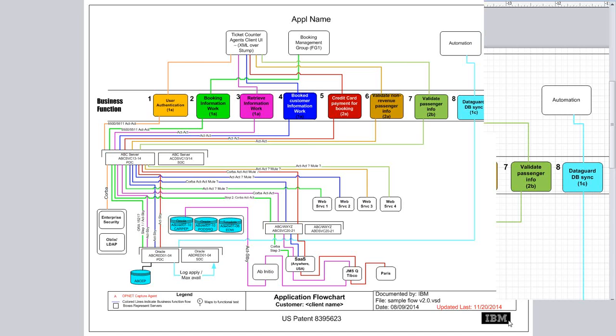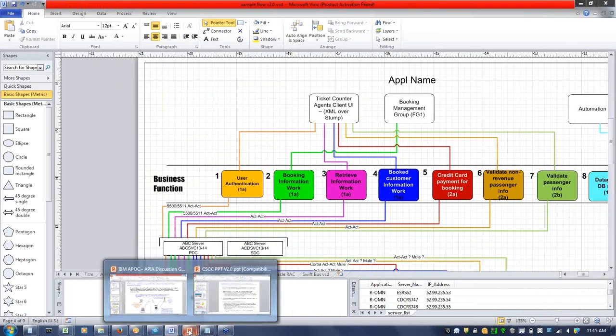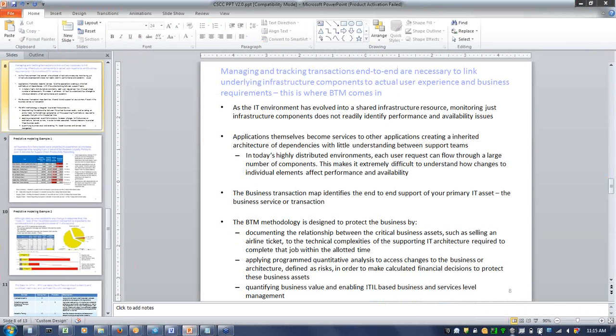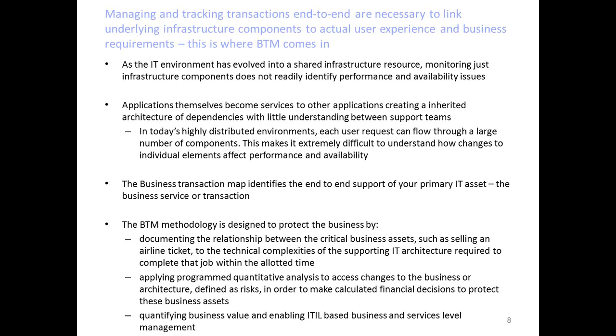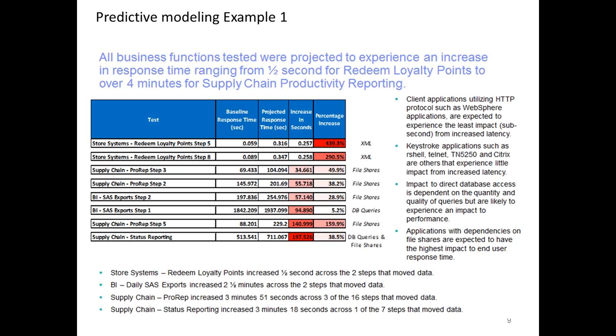I'm going to pop back out of that mode and go back to the presentation. Okay. So a few examples that I have now, and you'll find examples in the white paper as well. And so really what you want to do is, in some cases, once you've understood the end-to-end flow of the transaction, you understand what components may or may not be separated, what's going to remain on-premise, what's going to go to the cloud.